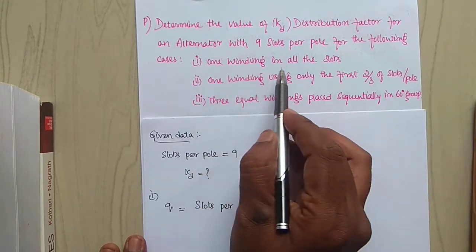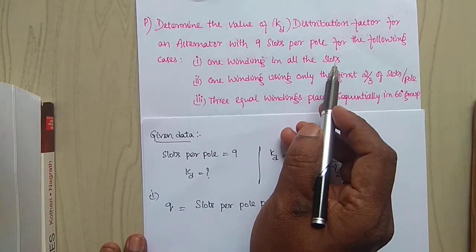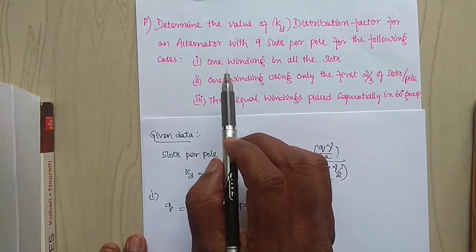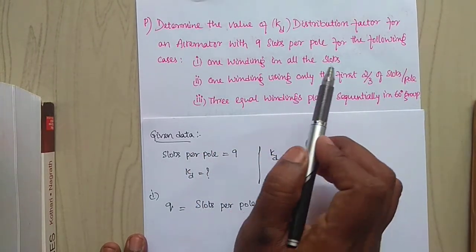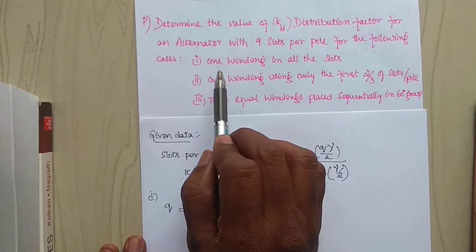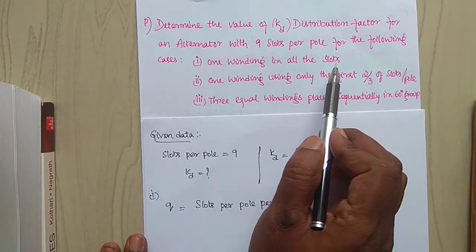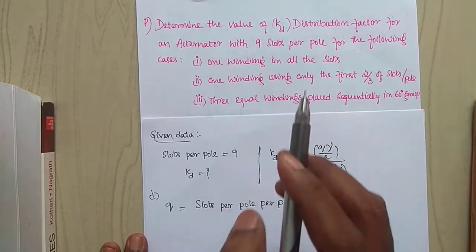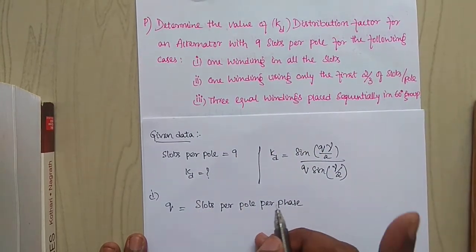What is the meaning of one winding in all the slots? It means that it is a single phase machine. If it is 3 windings, then you consider it a 3 phase machine. Here only one winding is used in all the slots, so it is a single phase machine, and the phase value is 1.